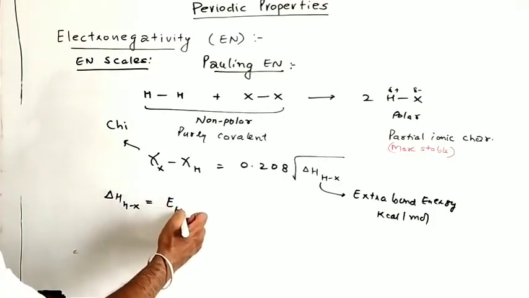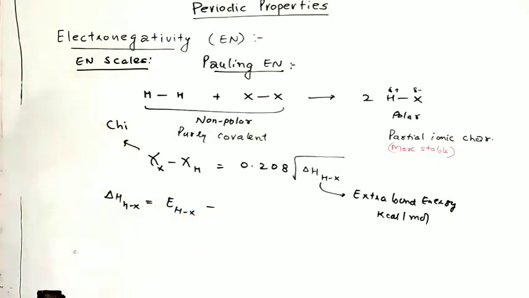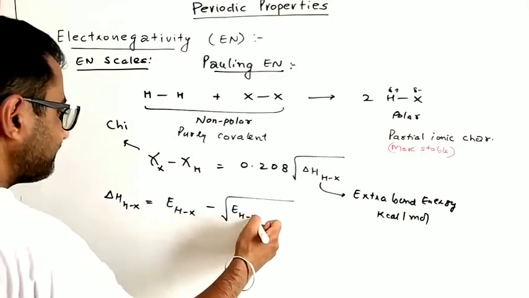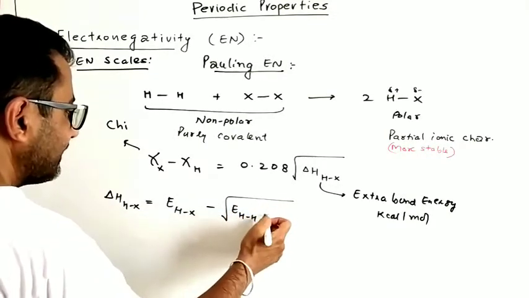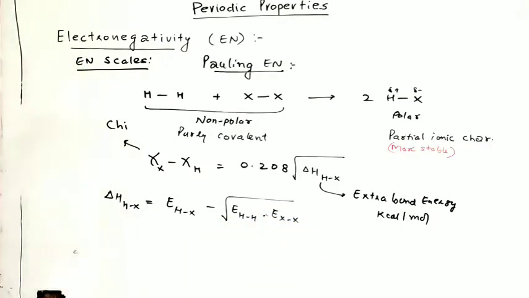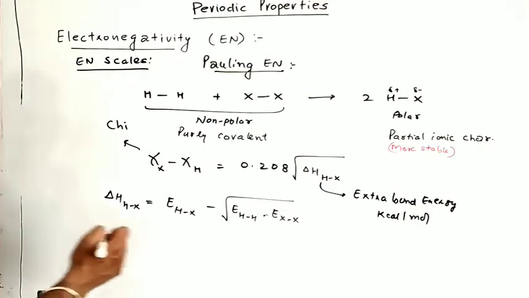E of HX minus the root of E of HH multiplied by E of XX. These values, E HX, E HH, E XX, represent the bond energies.